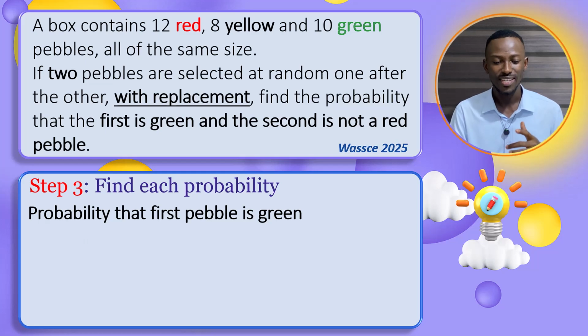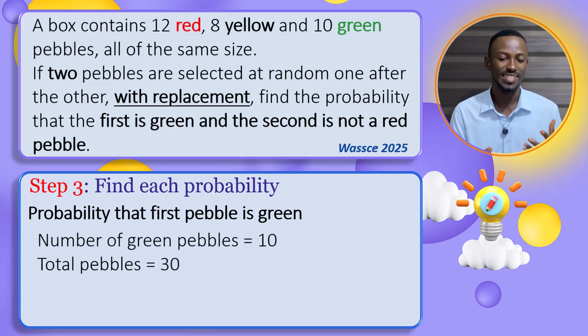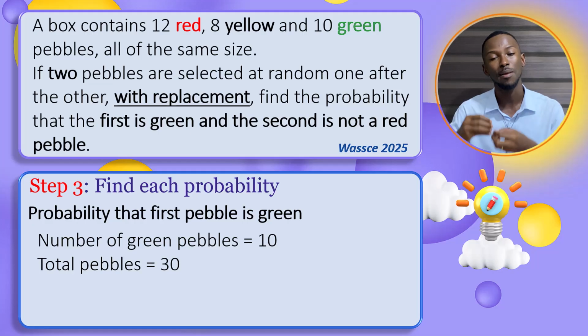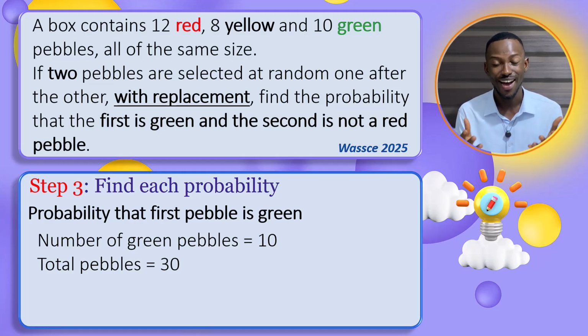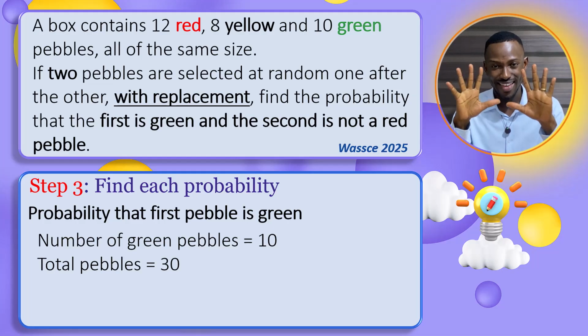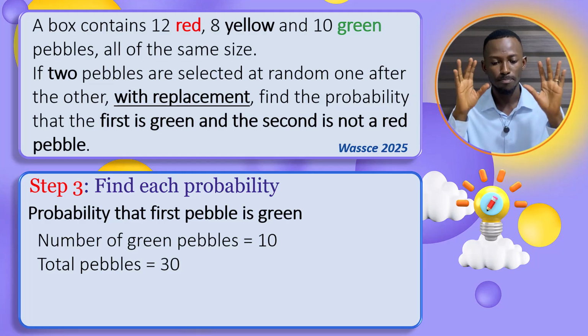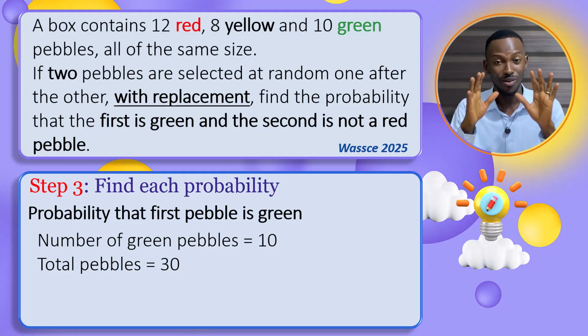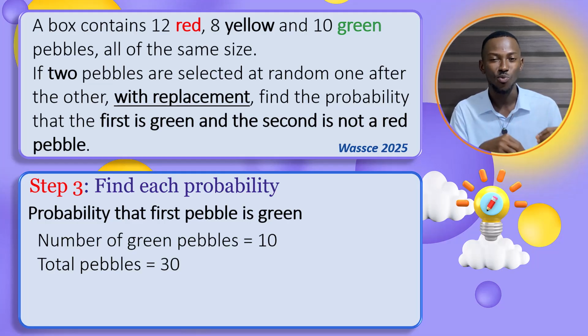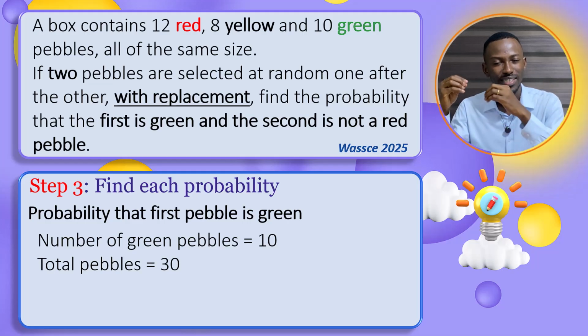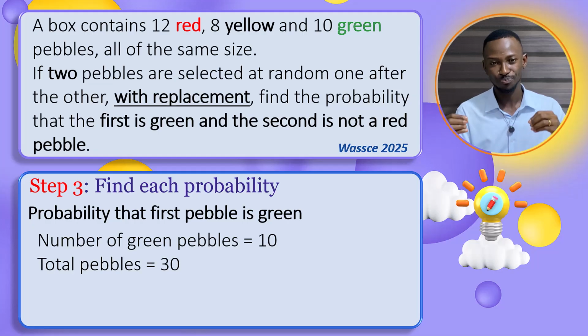In so doing, the first thing we have to find is the total number of green pebbles. If you check this question, how many green pebbles do we have in the question? We have 10. So there are 10 green pebbles in this question or in this box given to us by the question. And how many total pebbles do we have? We have 30 pebbles in total.